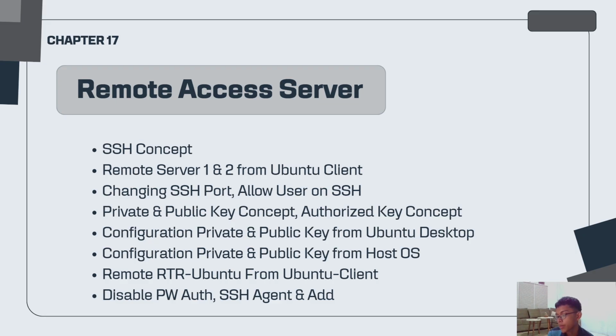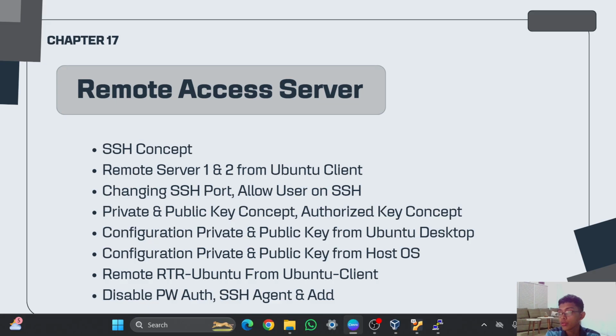But sometimes, if you have been remote too long or you restart the server, we have to fill in the passphrase again. So if we do not want to enter the passphrase again, we can just use ssh-agent and ssh-add. And how to use it?